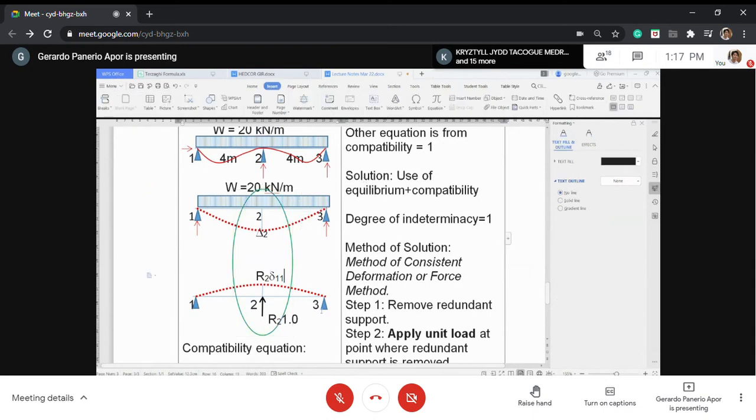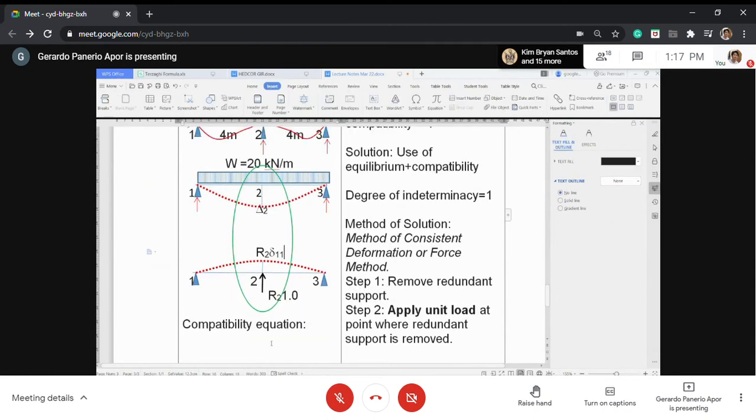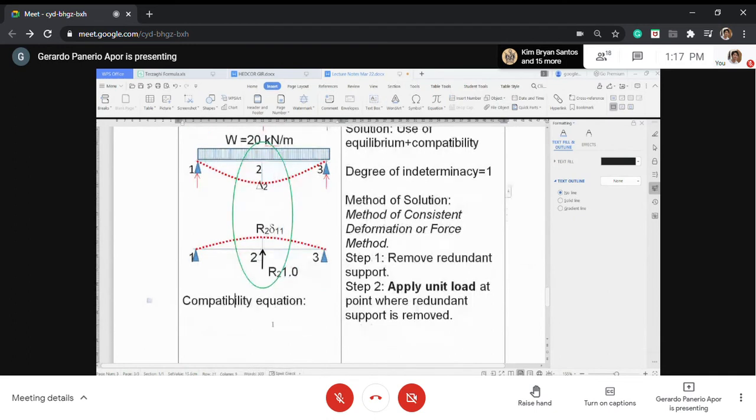So you just sum that one, the compatibility equation that you have: R2 times 1, R2 deflection 1 1. And we just use plus, plus we just vary the sign of the load, is equal to delta 2 is equal to 0.